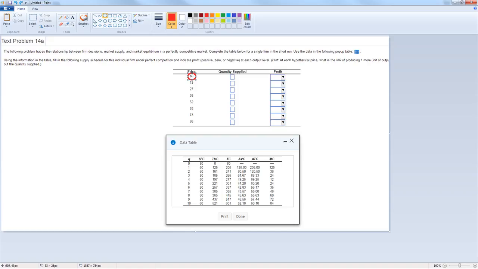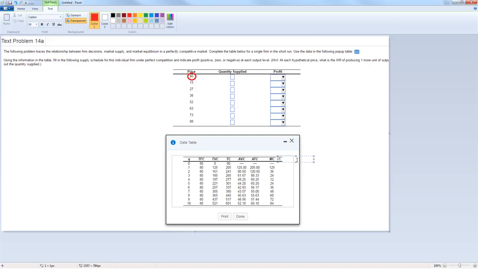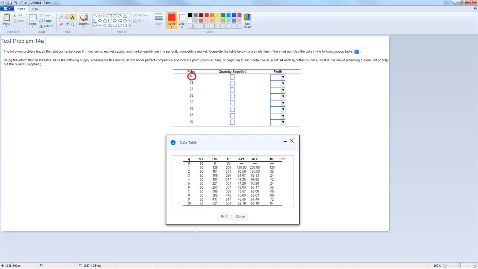And remember, the rule that we use is that marginal revenue equals marginal cost, right? Well, if the marginal revenue is $0, then we never actually equal marginal cost, and that's pretty straightforward. When you can't sell your product for anything, you're not going to produce anything.